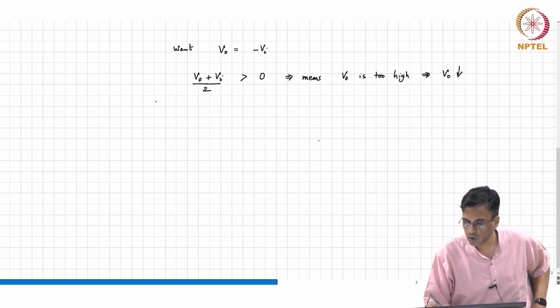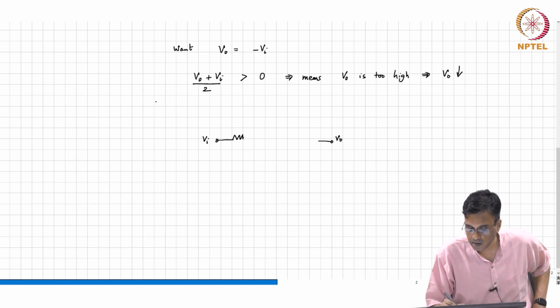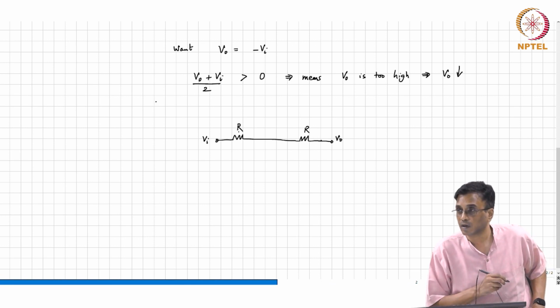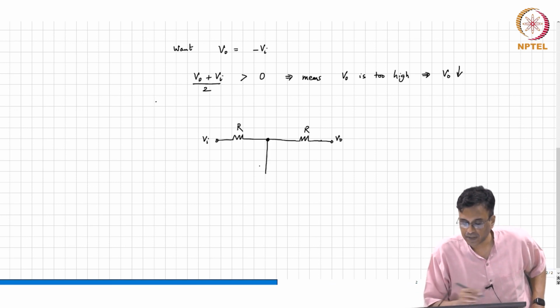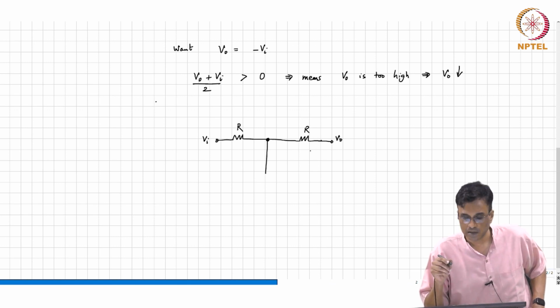Let us say you have VO, you have Vi. How will I get VO plus Vi by 2? Yeah. So basically, this is R, this is R. All right, so what is that voltage? VO plus Vi by 2, and if that is greater than 0, VO must go down.